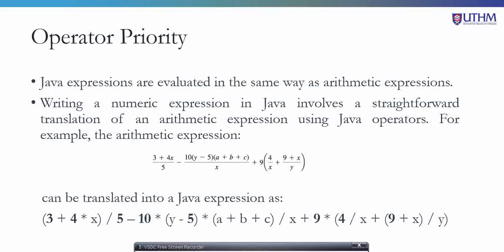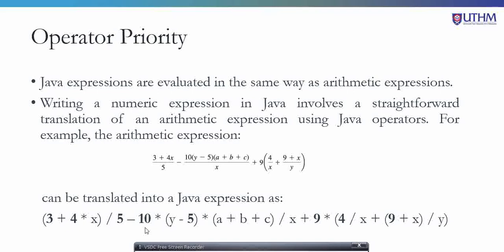For example, this arithmetic expression can be translated into a Java expression like this one. So you have learned this in C, so this is just a revision. As a recap, I will briefly explain how we can perform this translation.